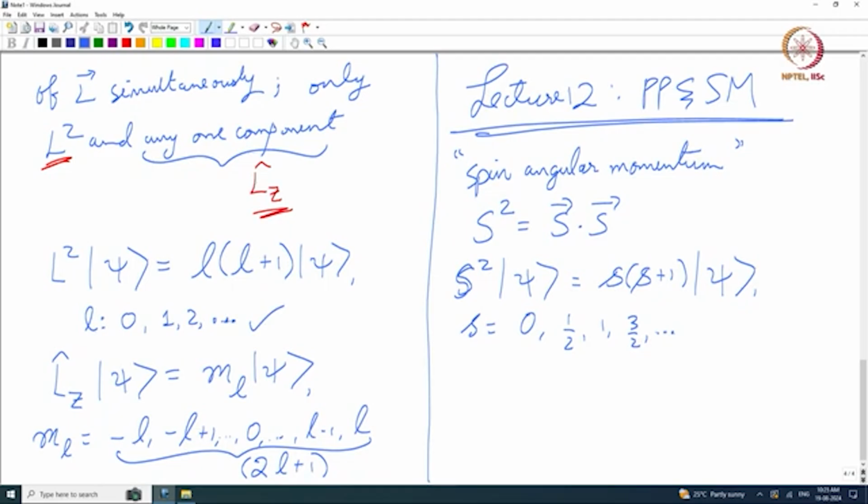And similarly I have all the commutation relations just like the orbital angular momentum, and that would mean I can measure S squared and any component of the spin angular momentum, and without loss of generality I am going to take Sz as the component that I can measure along with S squared simultaneously. So what are the eigenvalues of Sz then?